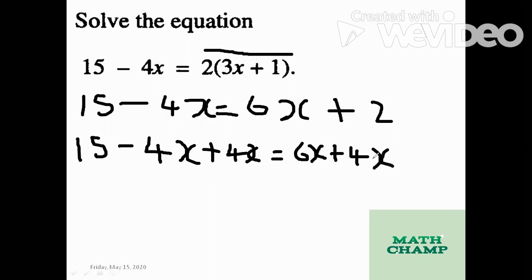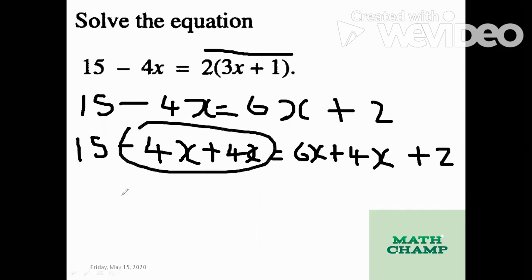So nothing is wrong if you group the x on the left. So I'm going to write out the plus 2. What do you know? This will give us 0. So what remains will be 15 equals 10x plus 2.